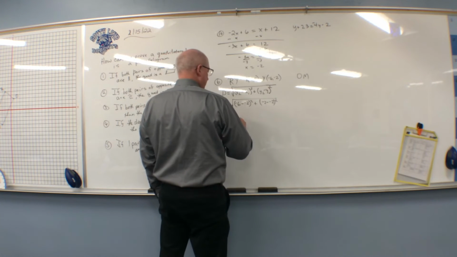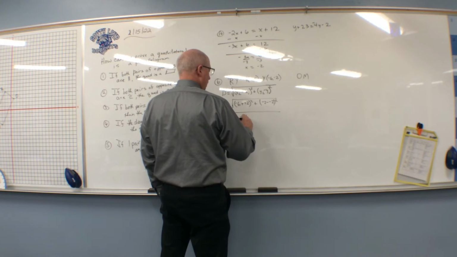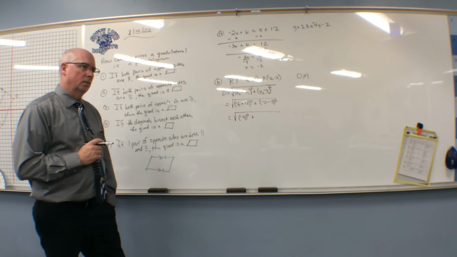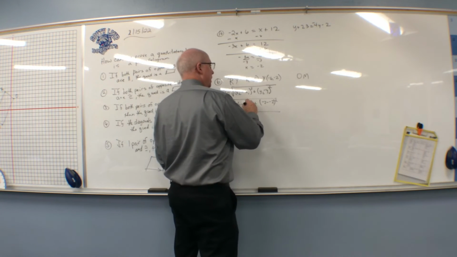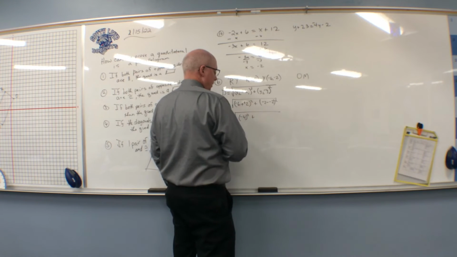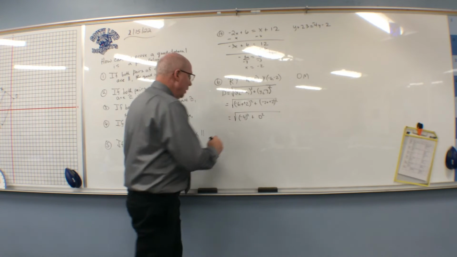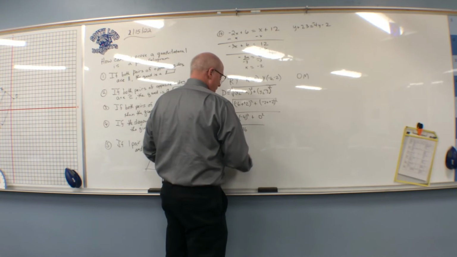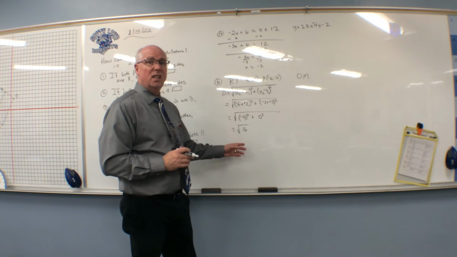So now I get the square root, and this is plus a positive, so I have negative 4 quantity squared, plus 0 squared, correct? When you square a negative 4, you get a positive 16. Now, if it doesn't come out, say this was 17, leave it as 17.